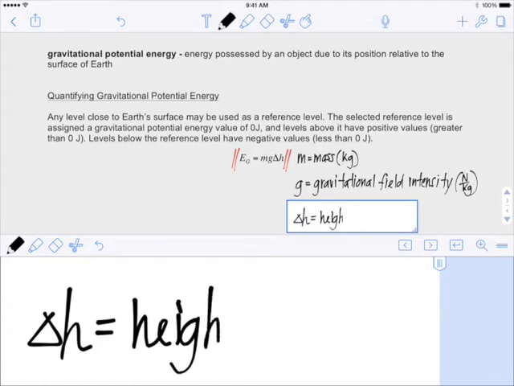We call vertical displacements height. The height is measured in meters.